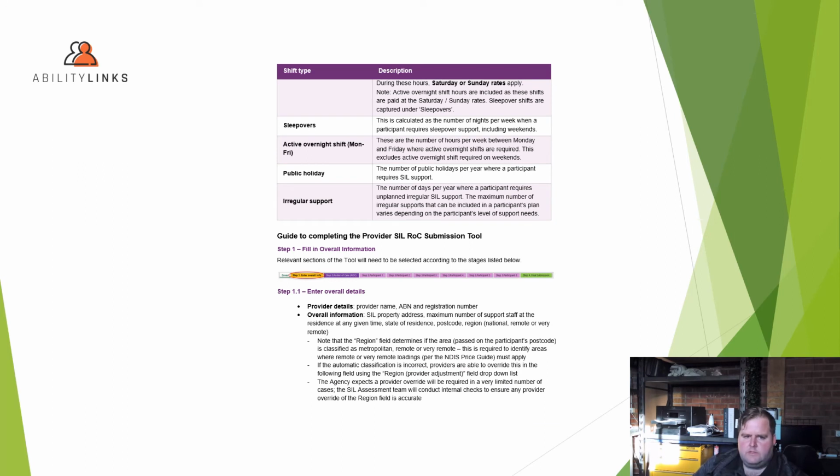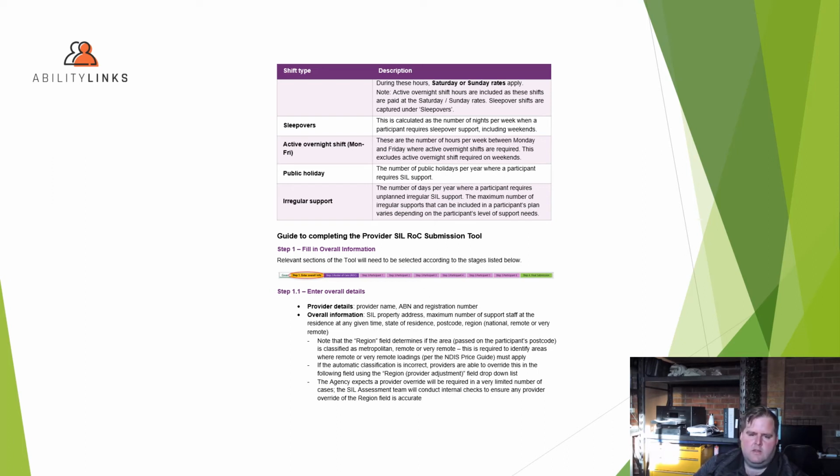So I've got our different shift types here: sleepovers, active overnight, our public holiday definition, and irregular supports. The irregular supports was one component that had me stumped for a little while. It looks at the number of days per year where a participant requires an unplanned irregular SIL support.